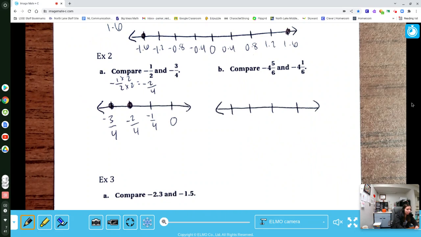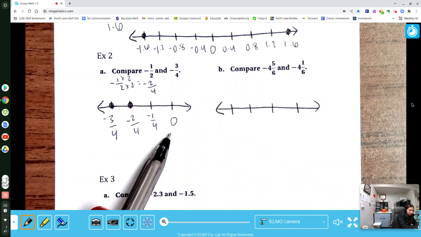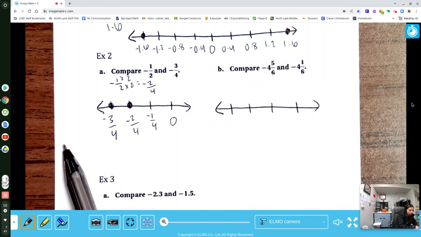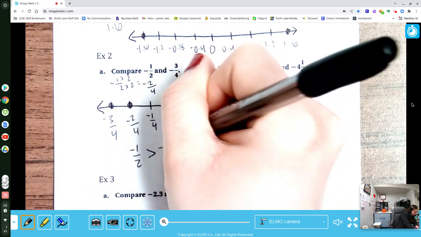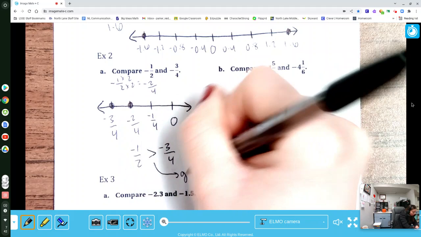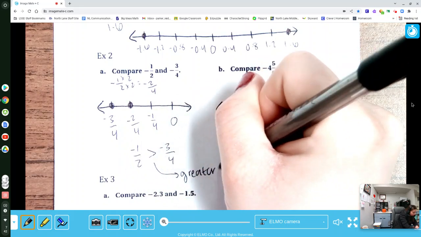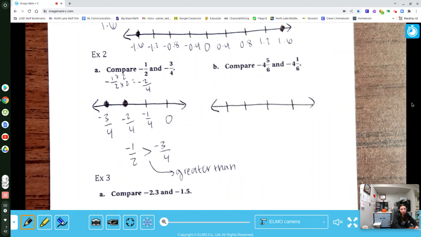Remember, on a number line, anything to the right is greater than anything to the left. So that means -2/4 or -1/2 is greater than -3/4. Remember, the alligator eats the bigger one, so this means greater than. So -1/2 is greater than -3/4.